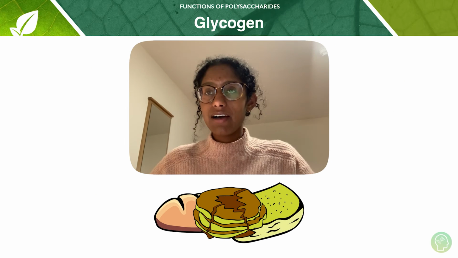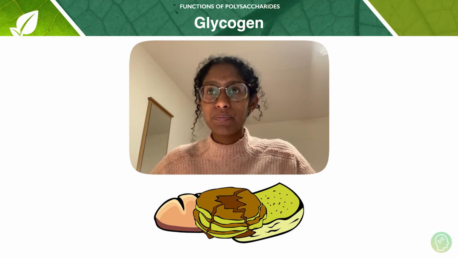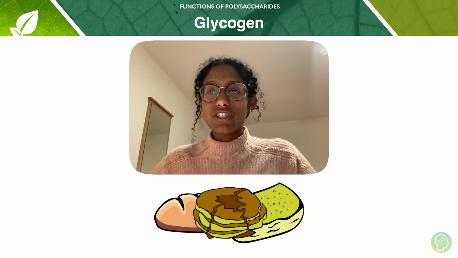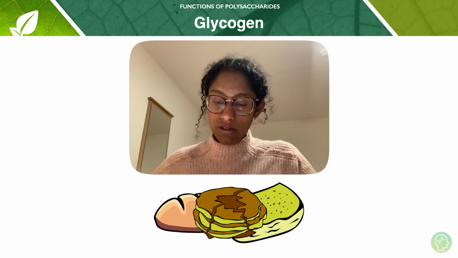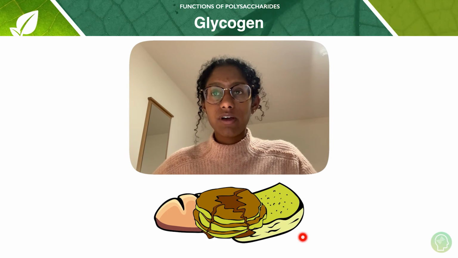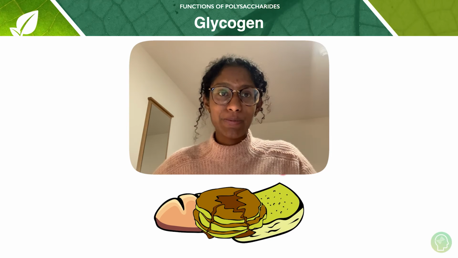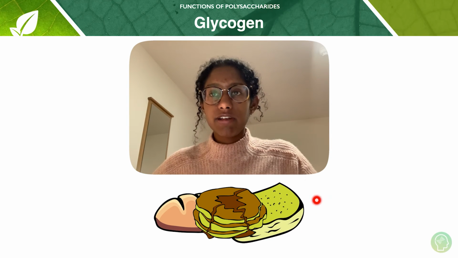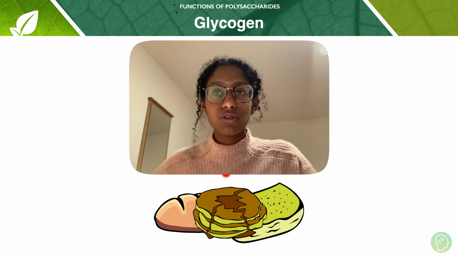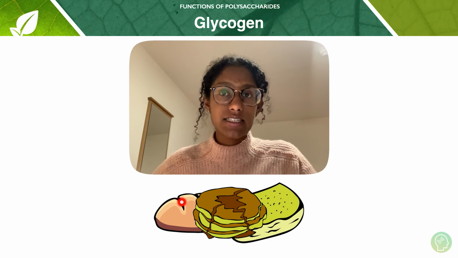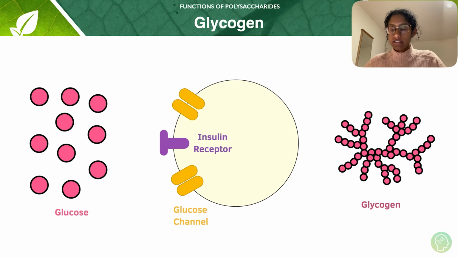Alright, so we're going to have a look at this in a little bit more context now. So Sarah has just eaten a very large meal. So look at all the glucose, look at all the carbohydrates contained in this meal. So we know that carbohydrates are broken down into simple sugars when we digest them, and they're broken down into their simple monosaccharide form of glucose.